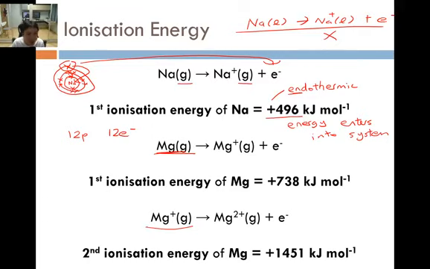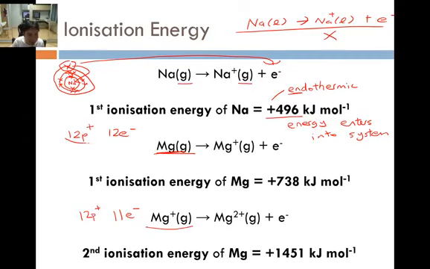The 12 electrons are attracted to 12 protons, whereas for the Mg plus gaseous ion, because it has already lost 1 electron, the total number of electrons is just 11, but the total number of protons in the nucleus still remains as 12.